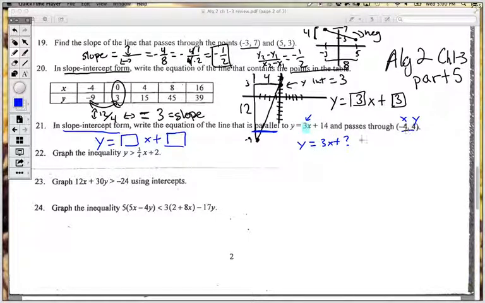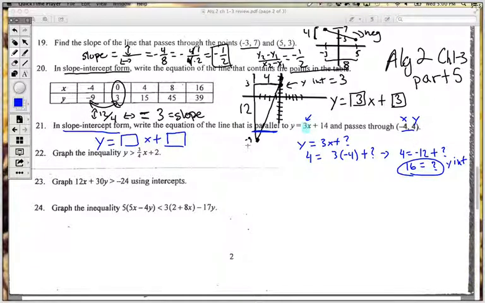That would give me 4 equals 3 times negative 4, and then plus whatever that y-intercept is. Well, let's take this a step further. That would be 4 equals negative 12 plus, who knows? Well, if I add 12 to both sides, that would give me 16 equals that question mark, which is the y-intercept. So there's my y-intercept, it's 16.